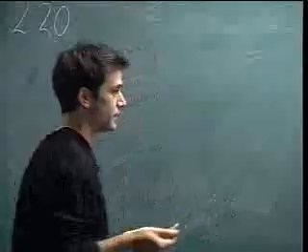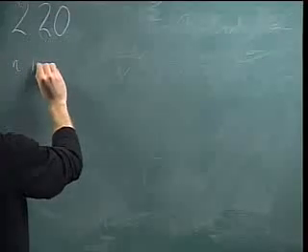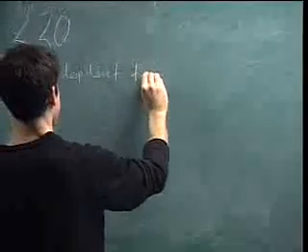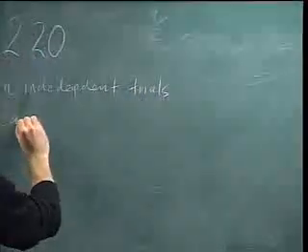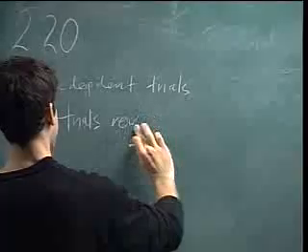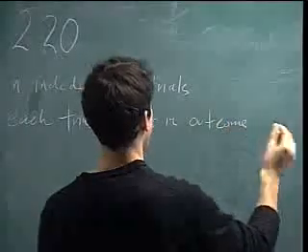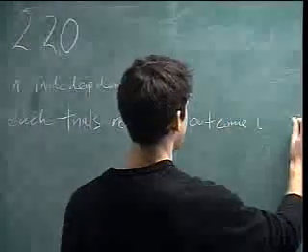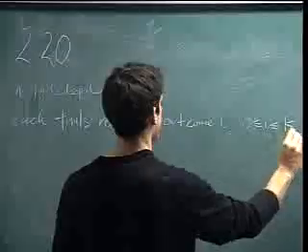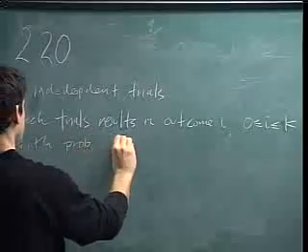In the multinomial distribution, we have, say, n independent trials, and each trial results in outcome, say, i, where i can range from, say, 0 to some number k, with probability p_i.